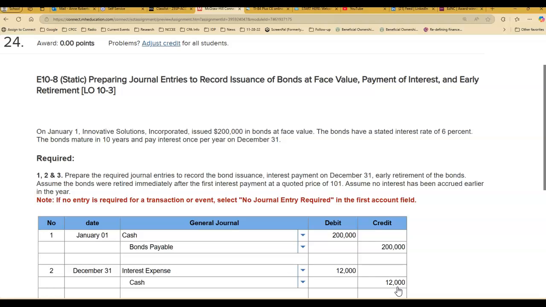We're going to look at some of those here in a minute. All right, so then look at what happens here. It says early retirement. Then we've got an early retirement on the bonds. It says assume the bonds were retired immediately after the first interest payment at a quoted price of 101.